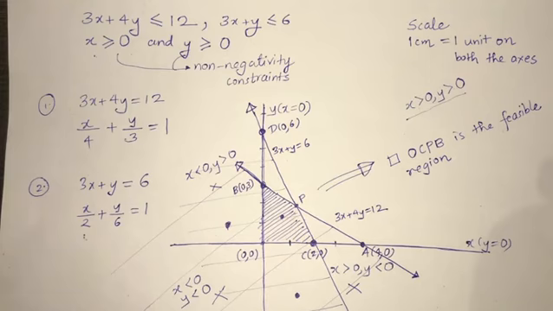Quadrilateral OCPB is the feasible region. It has all the points which will satisfy the inequalities.